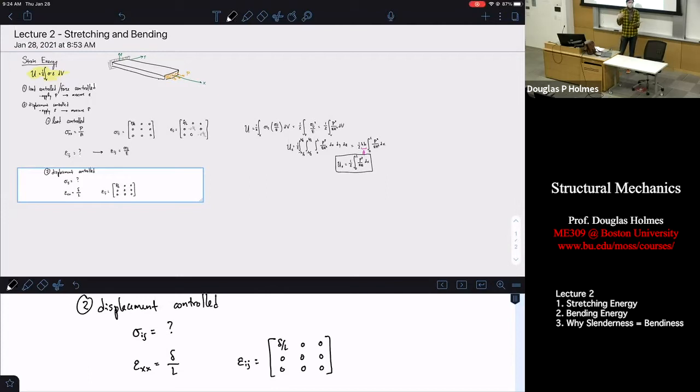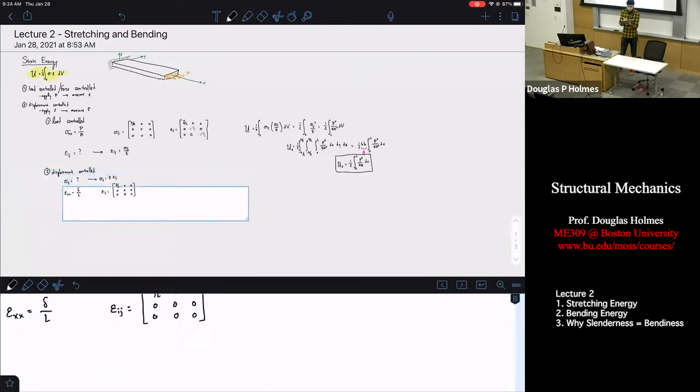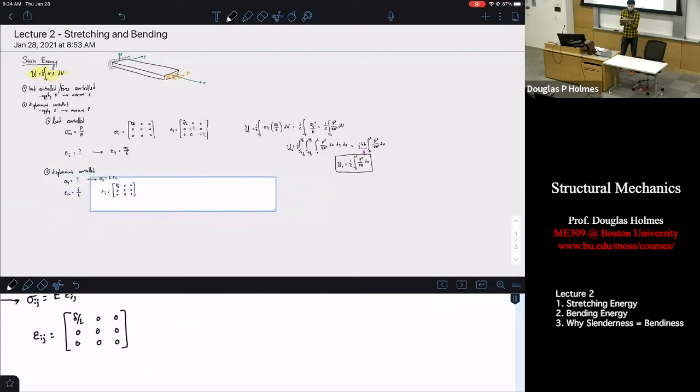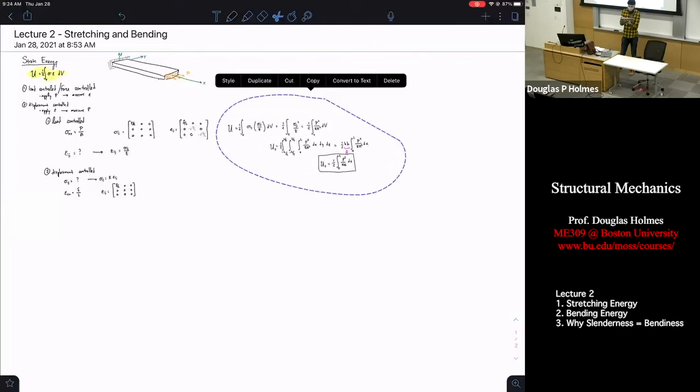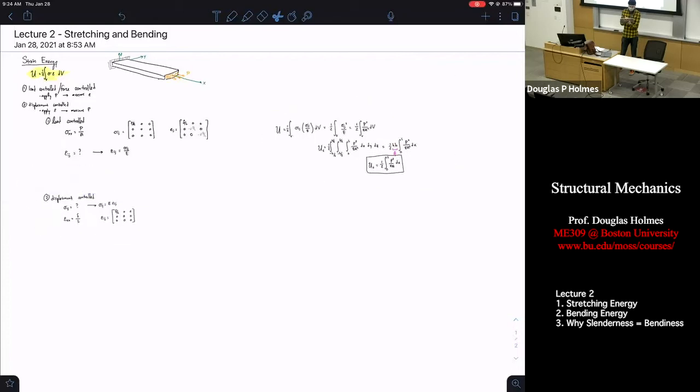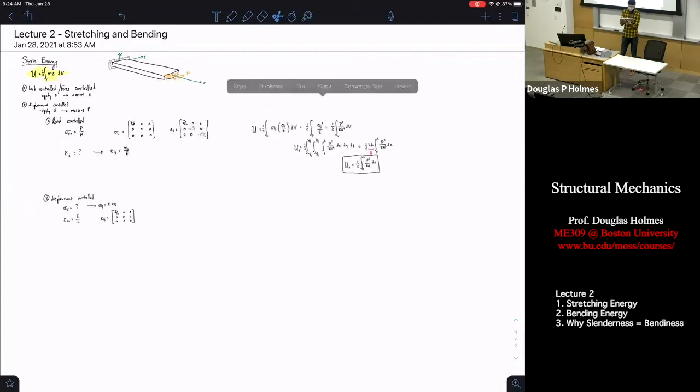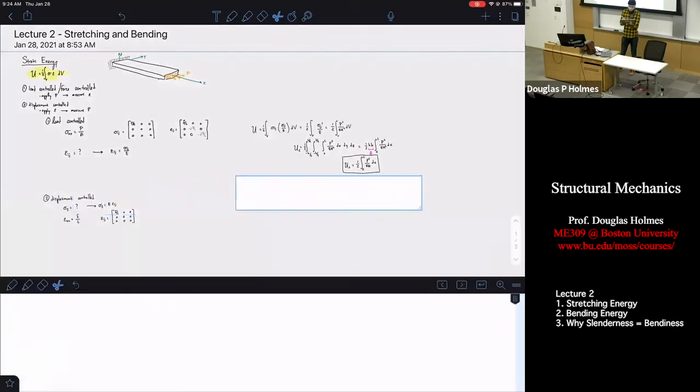Just like we did before, we use Hooke's law. And Hooke's law tells us that sigma ij is equal to E epsilon ij. And just like we did before, we can evaluate our strain energy in stretching.